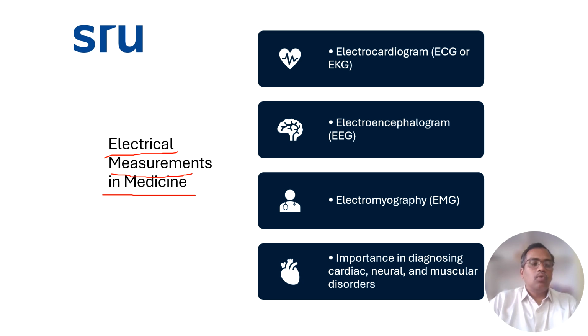These signals originate from the heart, brain, and muscles. ECG, or electrocardiogram, measures electrical activity of the heart. It helps to detect heart attacks, arrhythmias, and cardiac abnormalities.